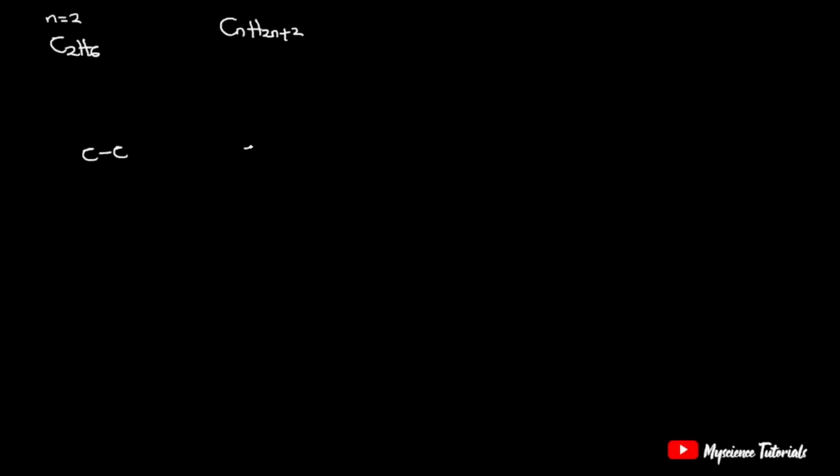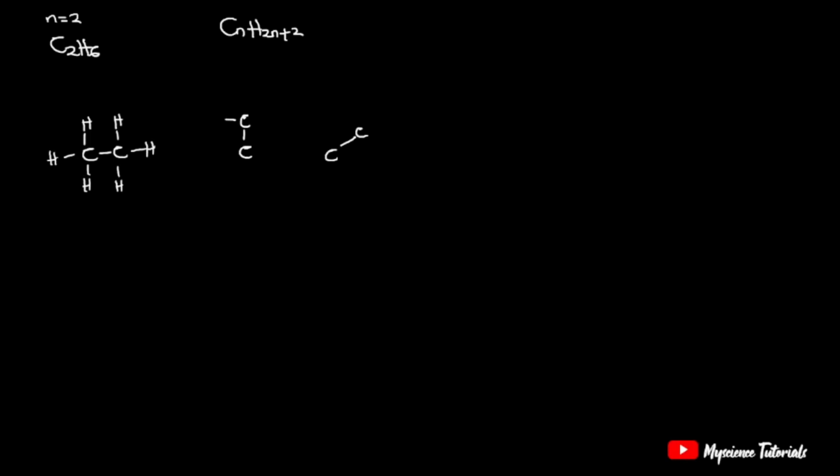Now you may decide to write it this way, or you may decide to write it this way. But in both cases, or in all cases, you can see that these 2 carbons are directly attached to each other. So if we add the number of hydrogens over here, so this is 4, 5, and 6.